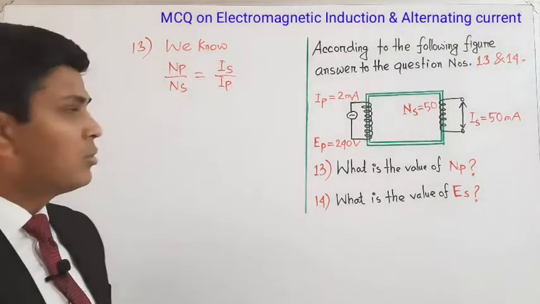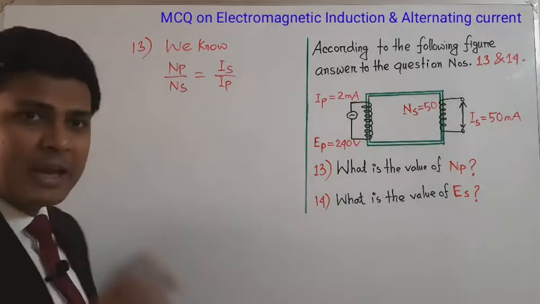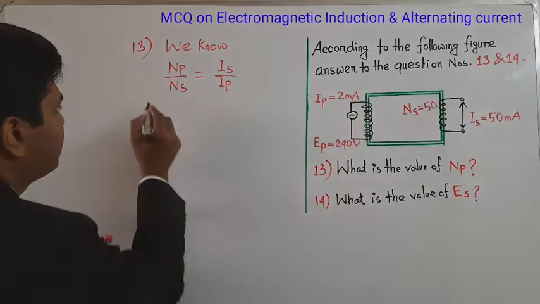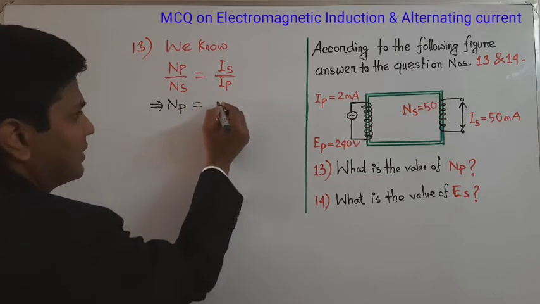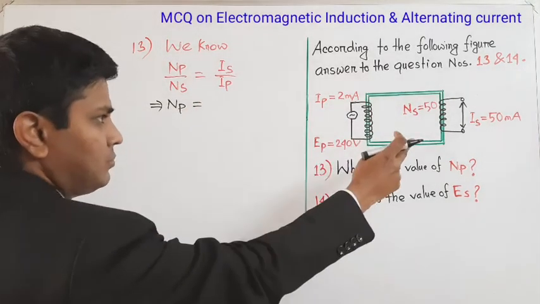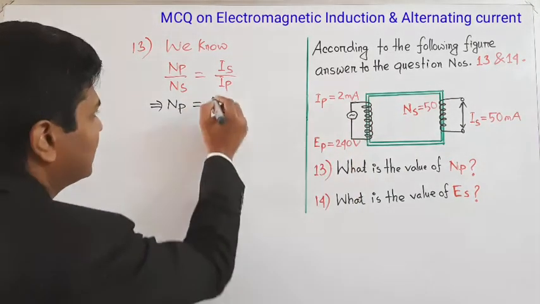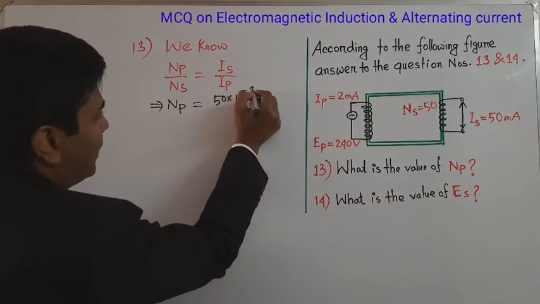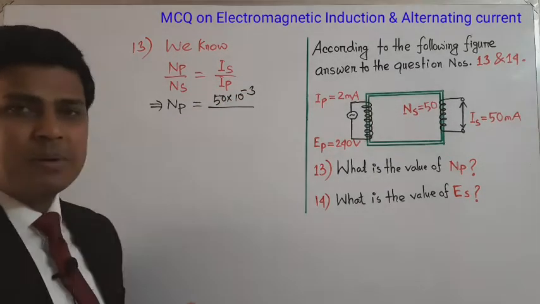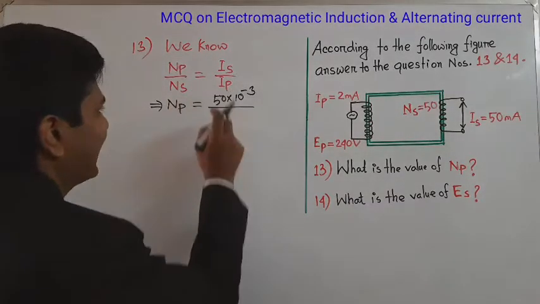Now if we are going to calculate the value of Np, then we can write Np equals Is, which is given here as 50 milliampere. 50 milliampere means 50 into 10 to the power minus 3 ampere, divided by Ip.